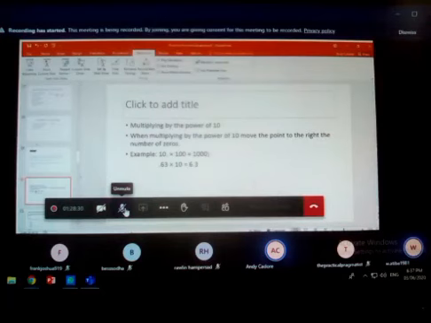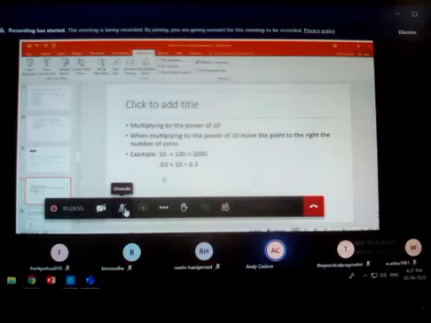If you try it on the calculator, it will come up to 1,000. The next example we're showing is 0.63 multiplied by 10.